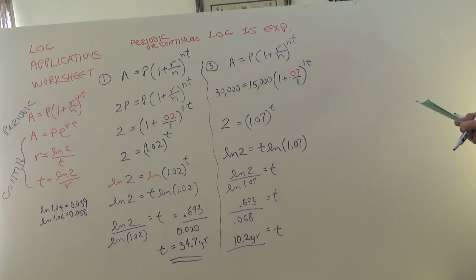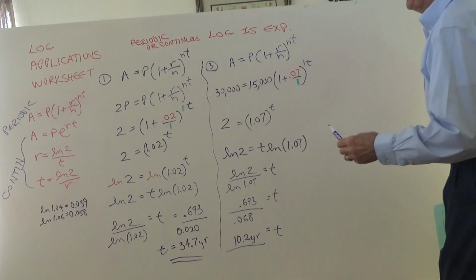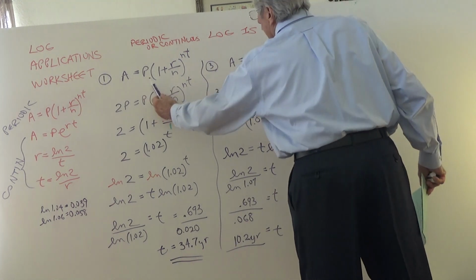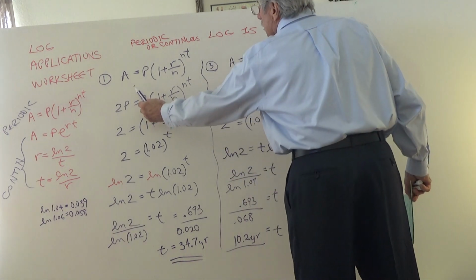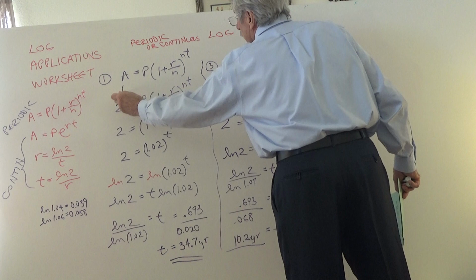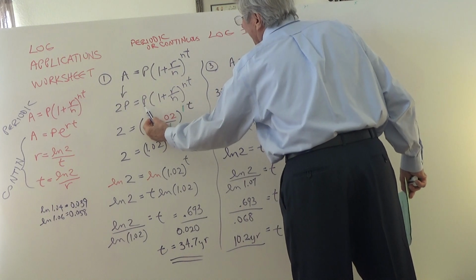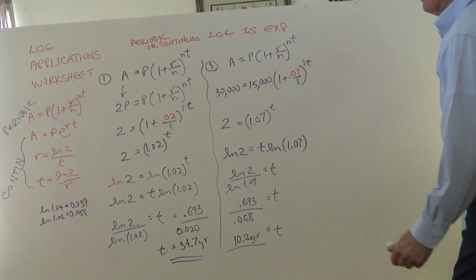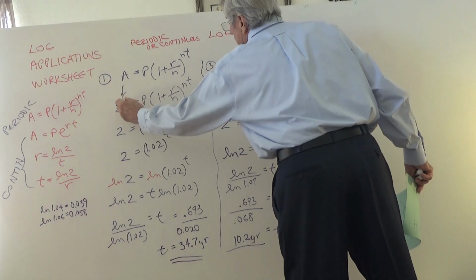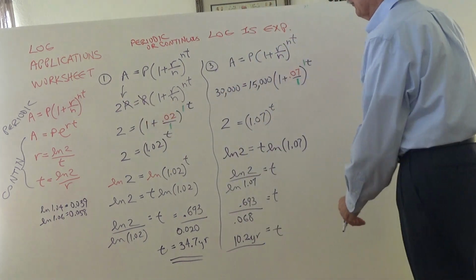We want to find out how long it takes for the price in the economy to double if we're compounding annually here. I use the periodic compounding formula, A equals P(1 plus r over n) to the nt. We want to talk about doubling, so I change the A to twice P. Then, if you divide by P on both sides, you'll be left with this.